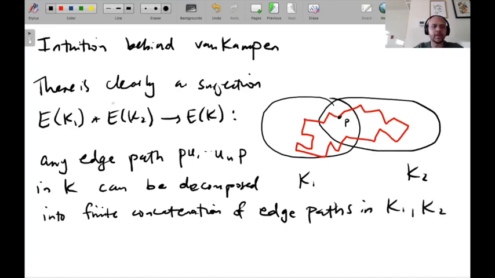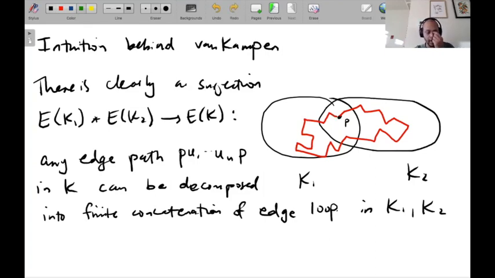So in this picture, we spend some time in K1 and then we spend some time in K2. I guess I really should say edge loops. Okay, right. So in this situation, yeah.